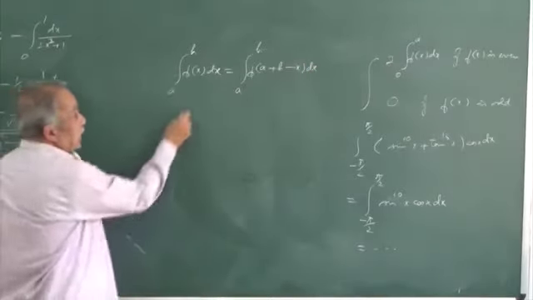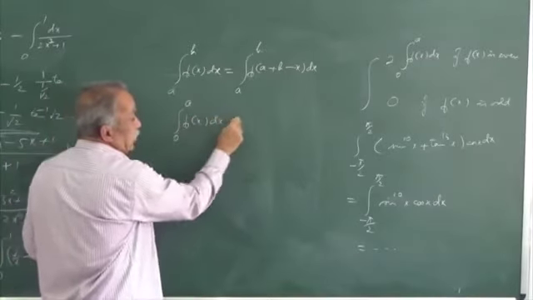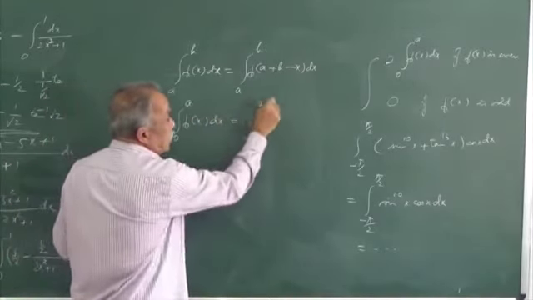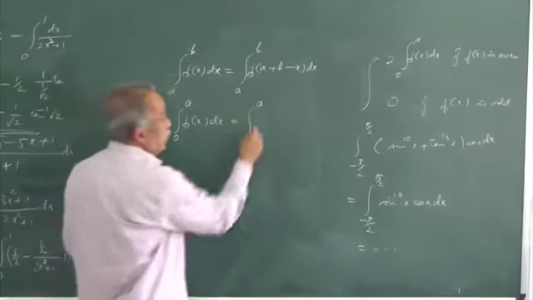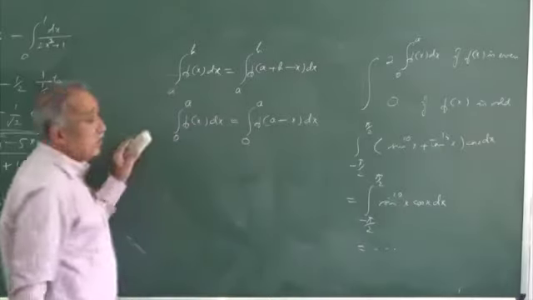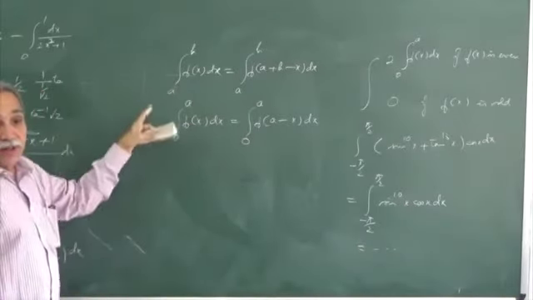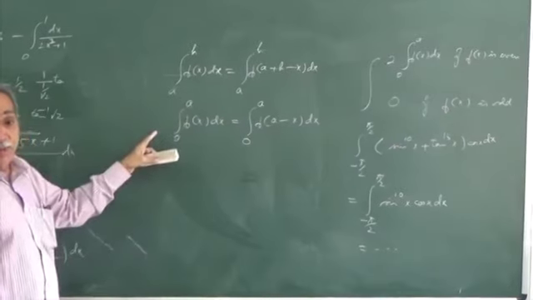In particular, if lower limit is 0, upper limit is a, integral 0 to a f of x dx may also be obtained as integral 0 to a f of a minus x dx. This is the general version, this is the particular version. Both are equally useful in many numerical problems.